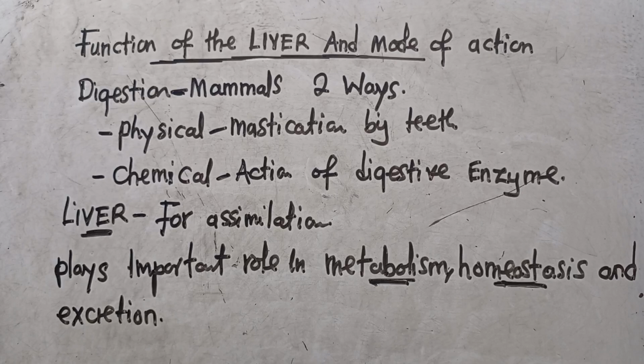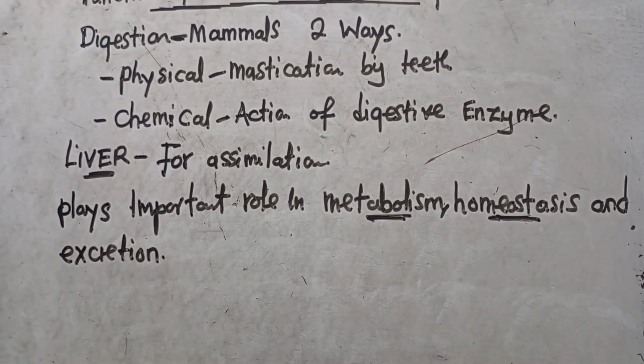You also need to understand that the functions of the liver can be classified into 5 major groups. In as much as we know that the liver has a lot of functions, those functions can be classified into 5 groups.